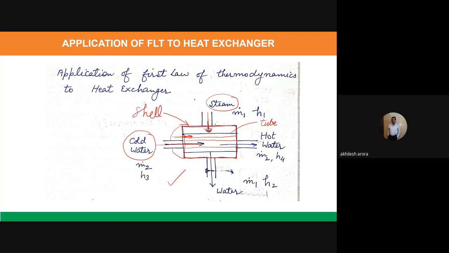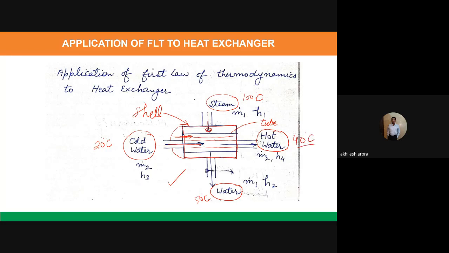So what will happen? The steam, if we consider, is at 100 degrees Celsius, and the cold water is at 20 degrees Celsius. So steam will condense and convert into water. The temperature may go down to 50 degrees Celsius, whereas the cold water becomes hot water, and its temperature may increase to 40 degrees Celsius.